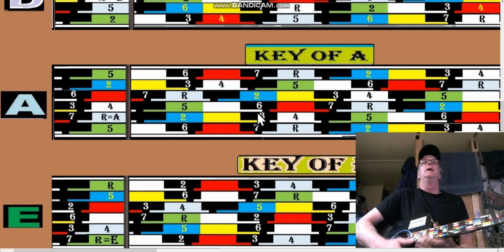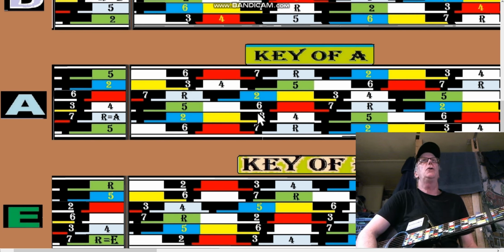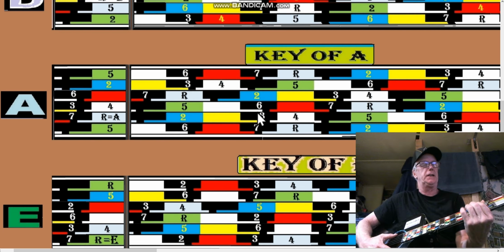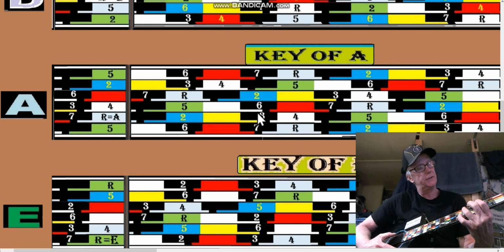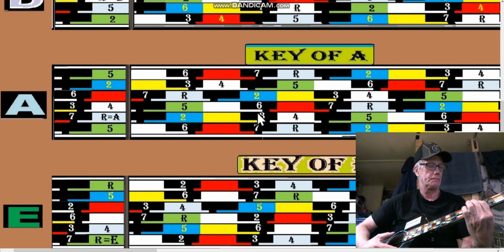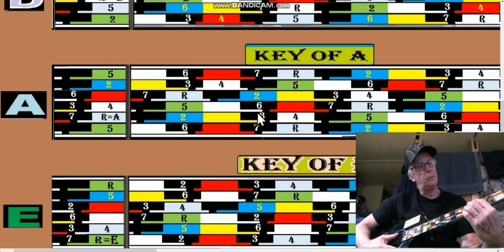As far as doing pentatonic, if I could just magically remove the fret nut, I could do the pentatonic from that 5, 6, and go 5, 6. Oh, that was the wrong one.